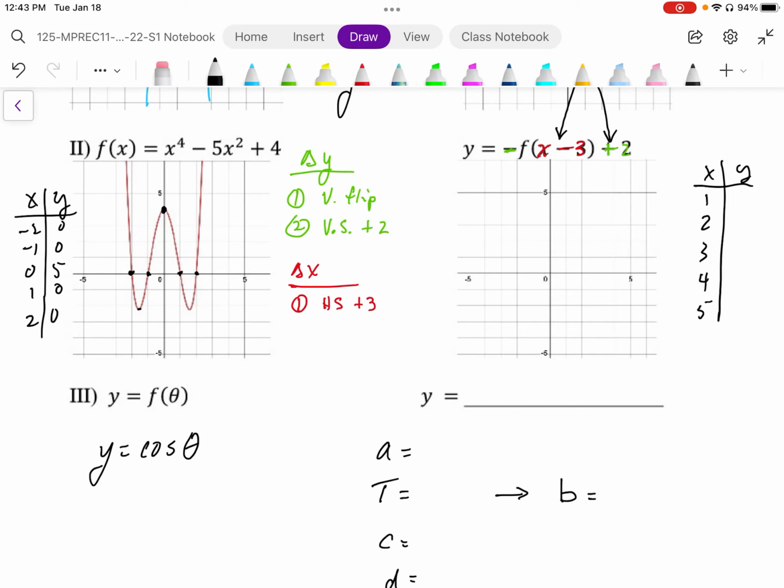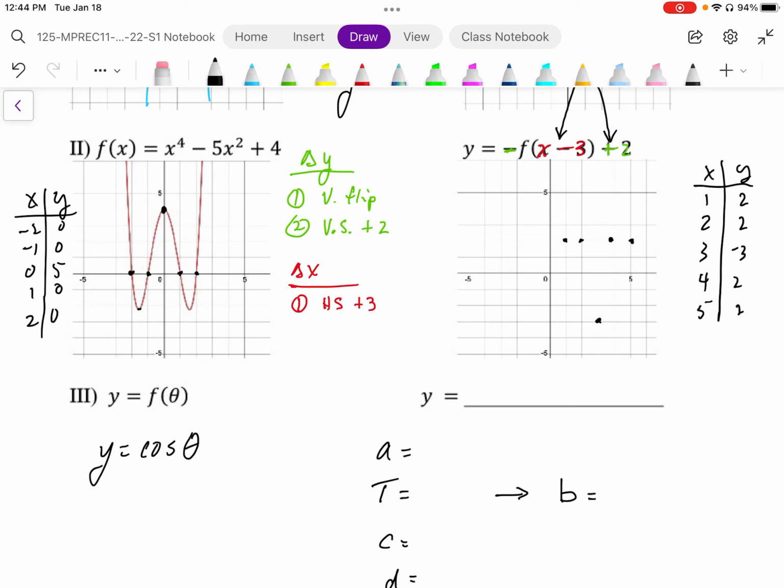My new y coordinates are going to be flip and plus 2. So flip and plus 2 is 2, 2, negative 3, 2, 2. So plugging these points in, 1 over 2 up, 2 over 2 up, 3 over negative 3, so somewhere around here, 4 over 2 up, and 5 over 2 up.